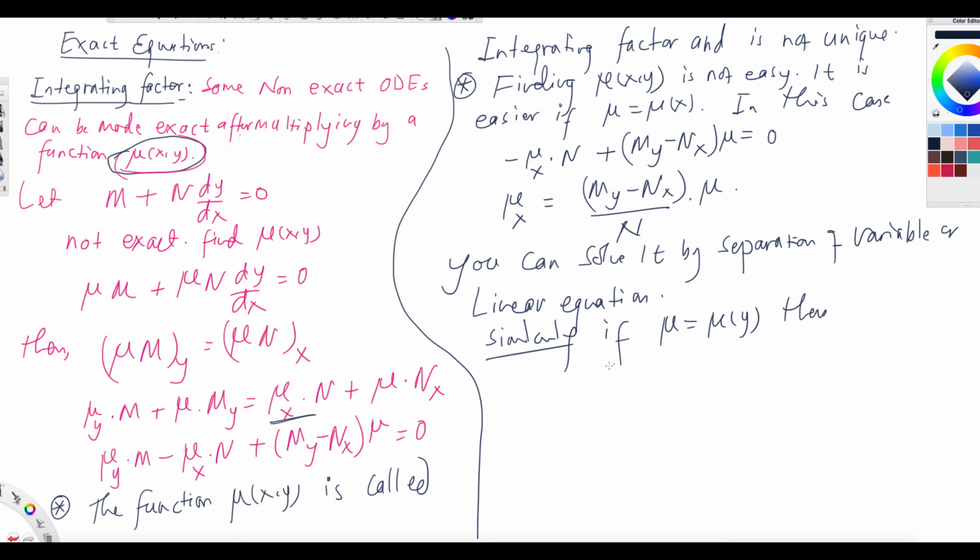What do you get? Then you will get mu y times M plus mu times My equals mu times Nx, right?